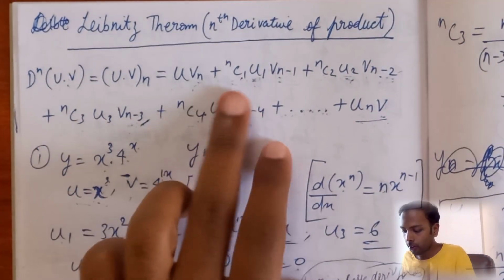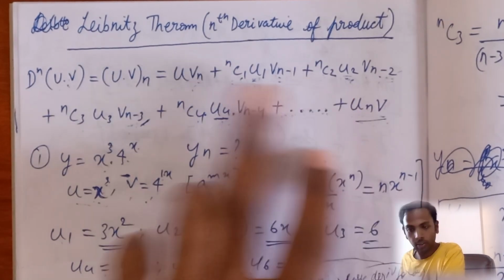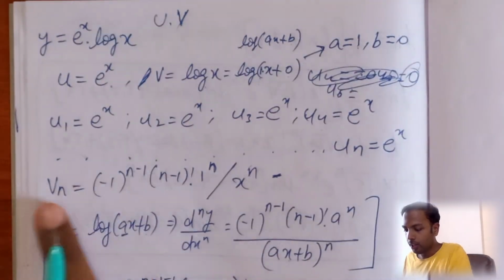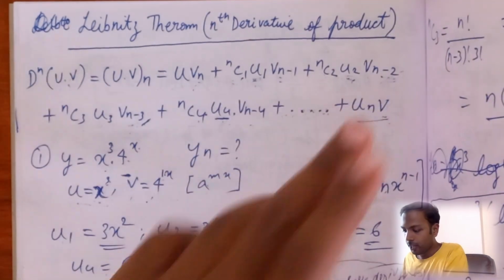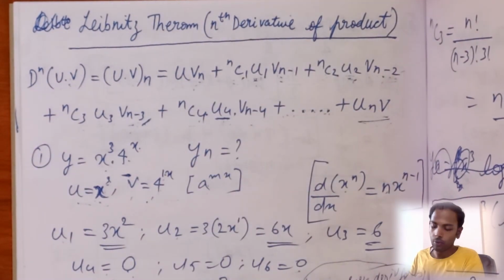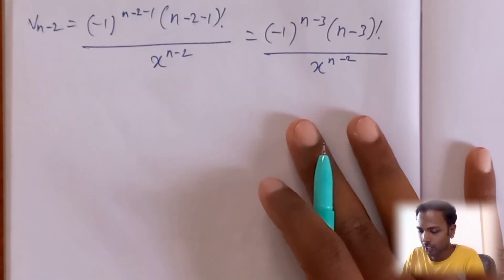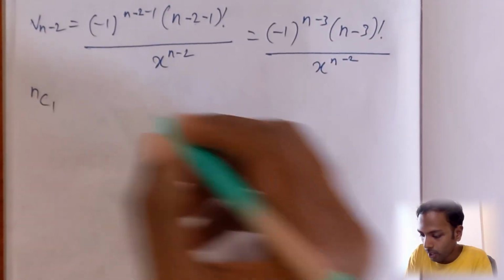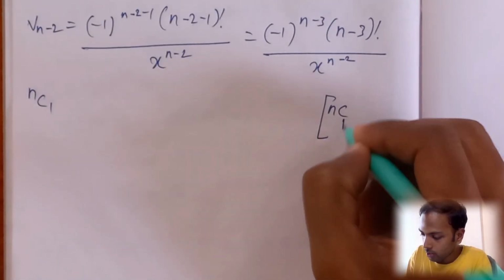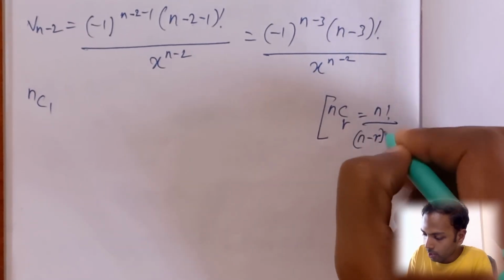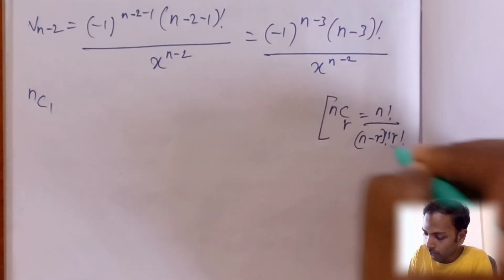So we are finally done with u1, u2. We already have Vn, and Vn−1 and Vn−2 we just found out. The only things left are nC1 and nC2. Let's find them, that's very easy. The formula nCr is n factorial by (n−r) factorial into r factorial.